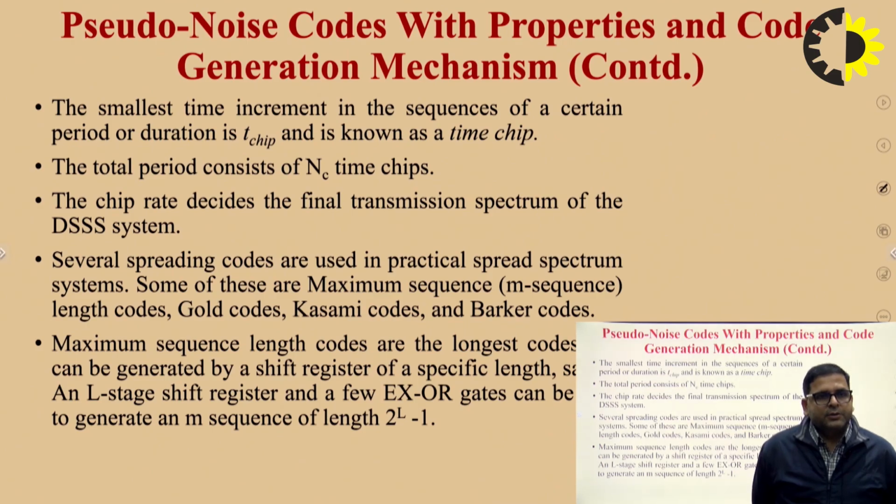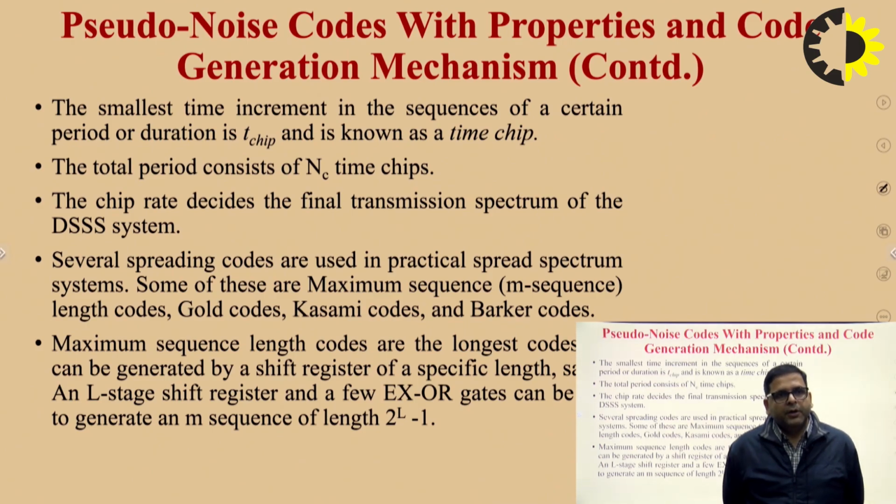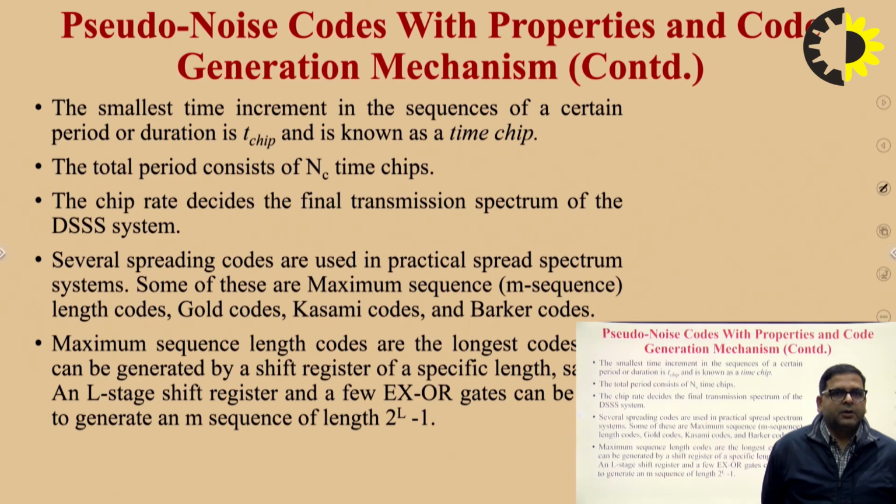In a maximum length sequence, we have only modulo 2 adders, and in this feedback shift register, the 0 state is not permissible. If we have only modulo 2 adders in the feedback circuit and the initial state of the flip-flops is 0, then at each clock pulse the outcome of the logical expression will be 0, and the input to the feedback shift register will be 0 at each clock pulse, so we will get 0 at all times when we change the clock pulse.